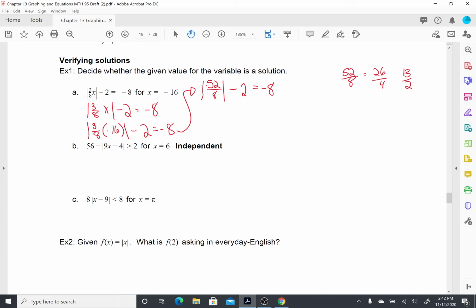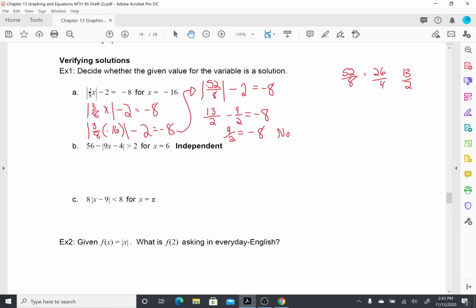So we'll have that as positive 13 over 2, because absolute values get rid of negatives. Minus 2 equals negative 8. I'm going to take this opportunity to turn 2 into something that has a common denominator. So we'll call that 4 over 2. 9 over 2. Is 9 over 2 equal to negative 8? No, it's not.